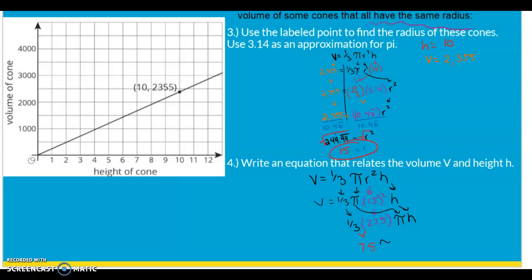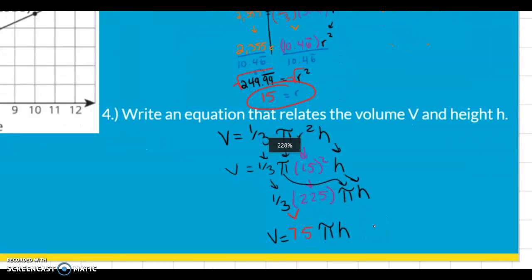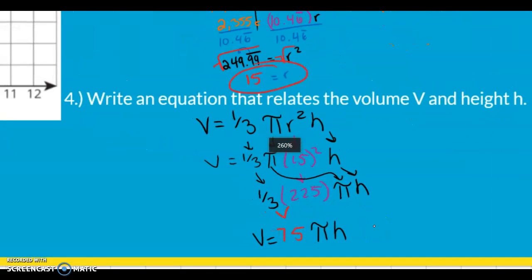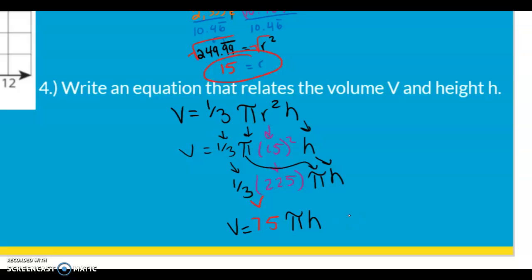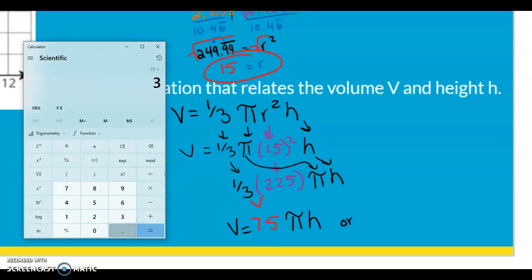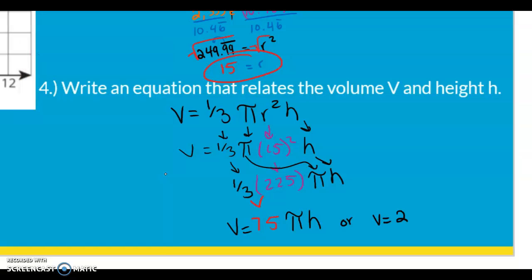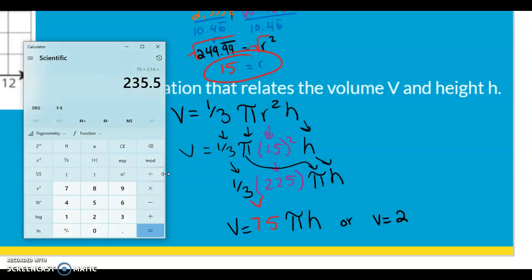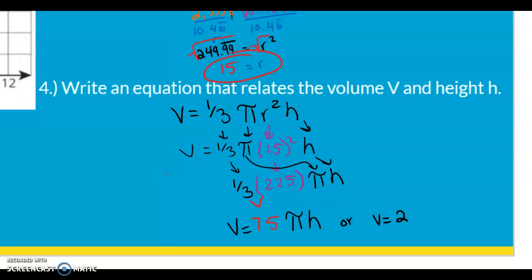So you can leave it like this, 75 pi h, or if you wanted to be a super nice person and all they needed to do was figure out what the height is or plug in any number, you can take that 75 and multiply it by 3.14 to get 235.5 times your height.